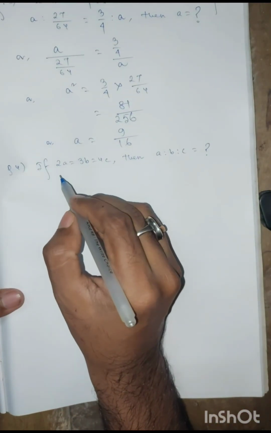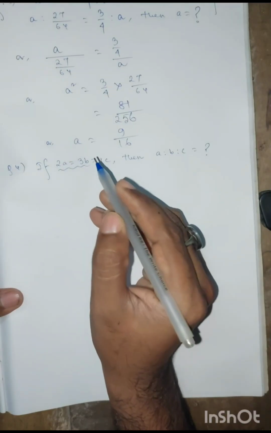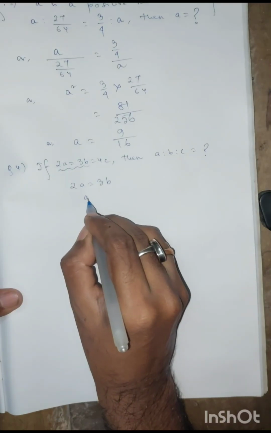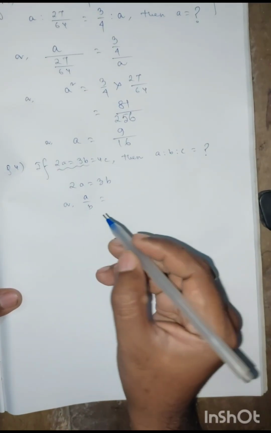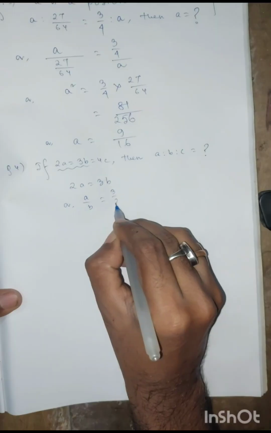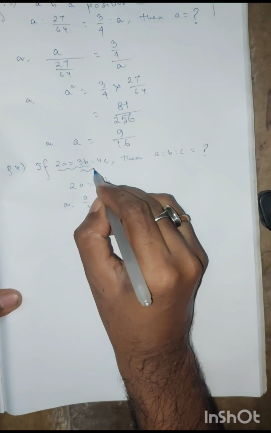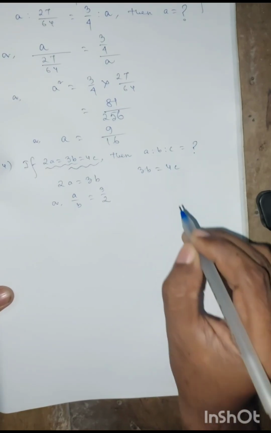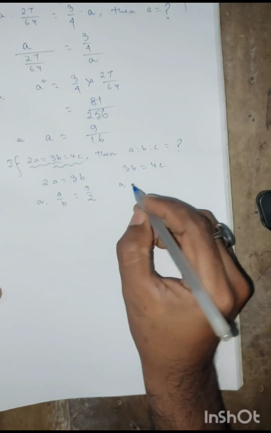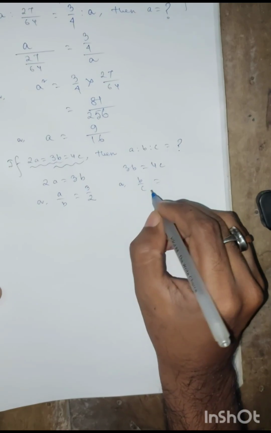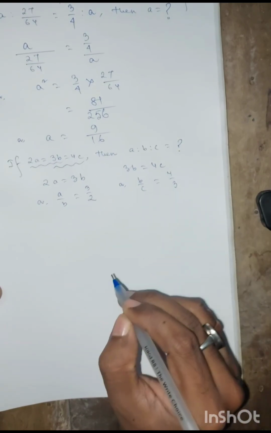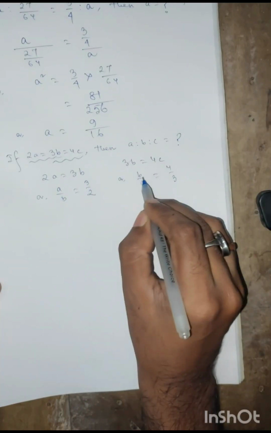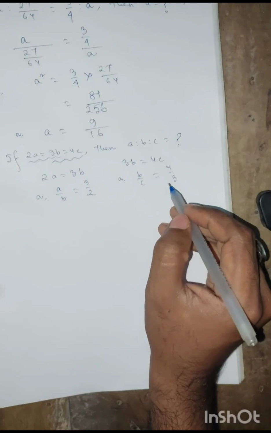Now first take this part only. 2A equal to 3B. So we can write A by B is equal to... and now we are taking the second and third part. So we can write 3B is equal to 4C, or B by C is equal to 4 by 3. So we can see that in the first ratio the value of B is 2, and in the second ratio the value of B is 4.